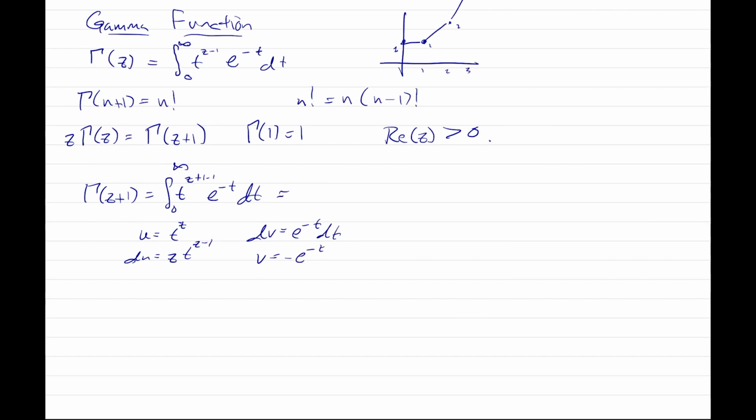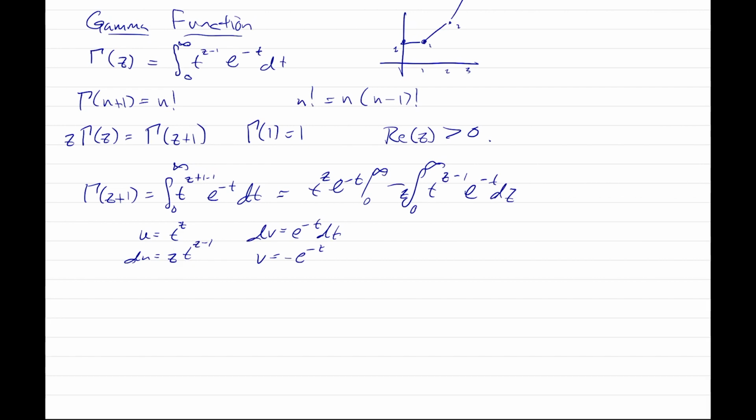And so then I get t to the z times e to the minus t, evaluated from 0 to infinity, minus the integral from 0 to infinity of t to the z minus 1 times e to the minus t dt. And then we're popping out a z as well because that was here.